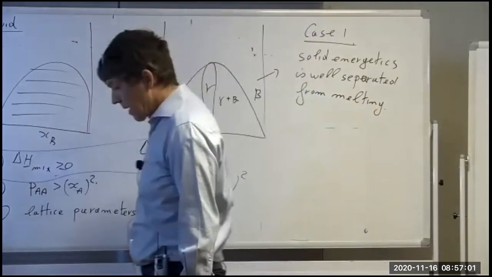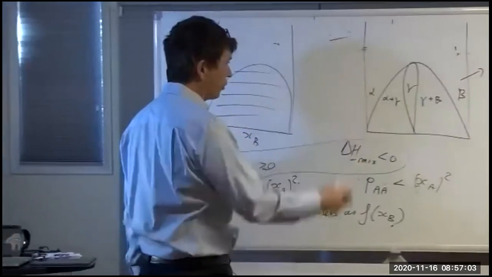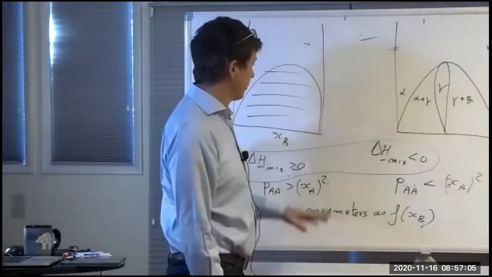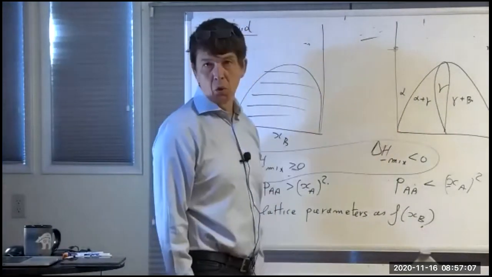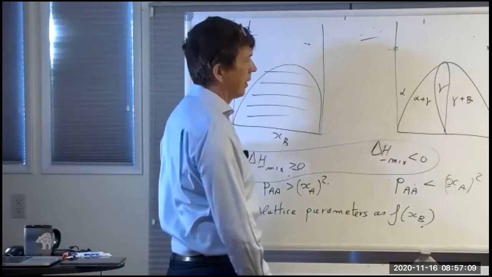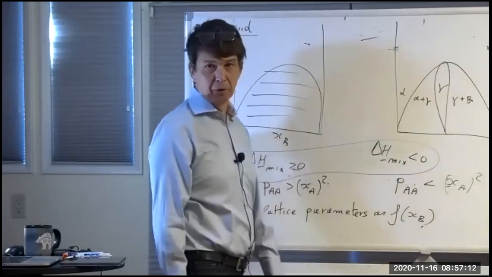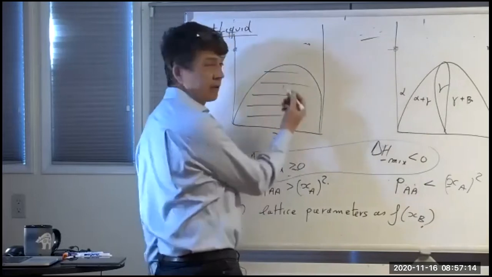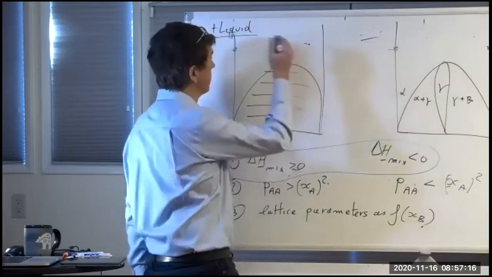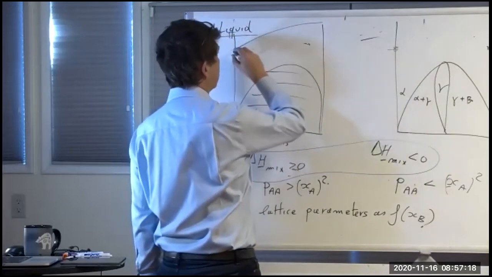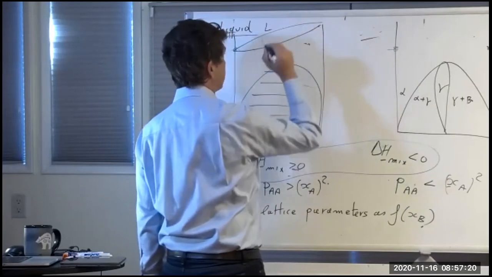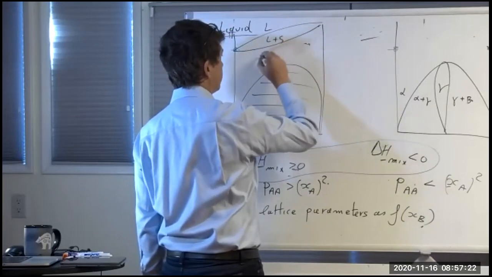What I mean by that is that whatever goes on in the solid, whether you form a two-phase region or a compound, kind of disappears by the time you get to the melting point. So that means that the solid will be a solid solution. So basically, you will just be adding a liquid lens to this. So here you have liquid plus solid, and here we'll have solid solution.